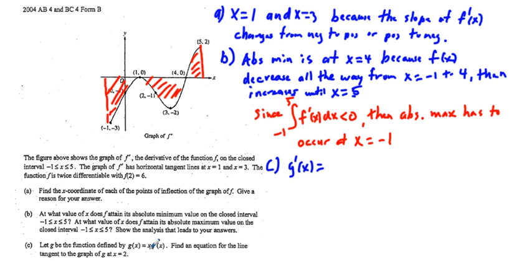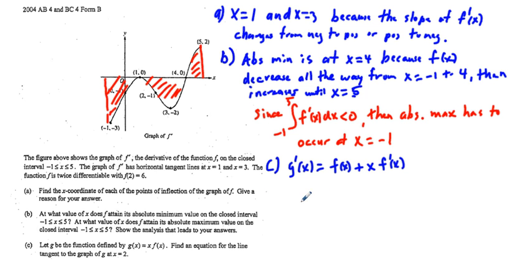The derivative of x is 1, so that's 1 times f of x plus x times f prime of x.